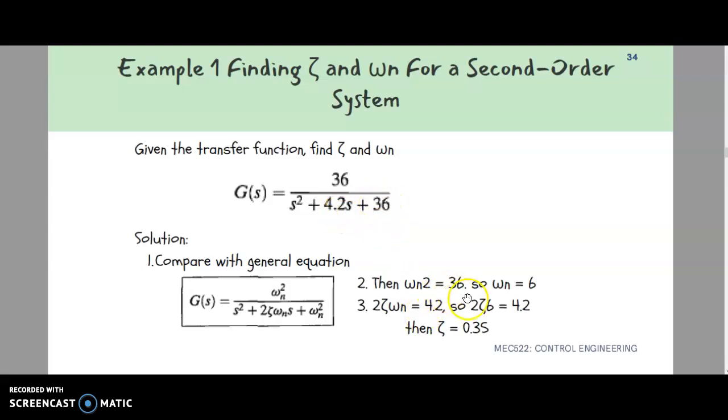So from here, you can find omega n equals 6, sebab you tahu omega n squared adalah 36 kan. Then you put omega n here: 2 multiply lambda, damping ratio, multiply dengan 6 equals 4.2. So lastly you use calculator and you find out lambda equals 0.35.